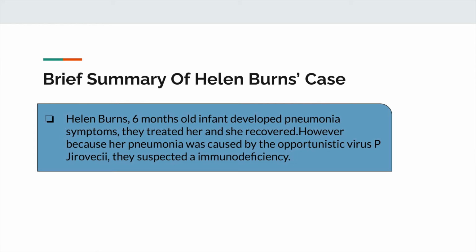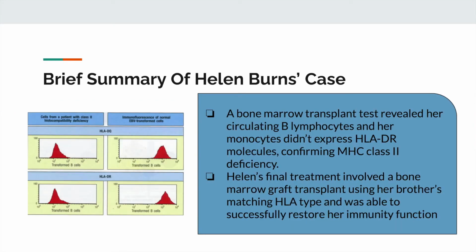So a brief summary of what the case study spoke about was Helen Burns, a 6-month-old infant who developed pneumonia symptoms. They originally treated the pneumonia symptoms and she recovered. However, because her pneumonia was caused by a particular opportunistic virus, they suspected that she might have some sort of immunodeficiency. And a bone marrow transplant test confirmed that.